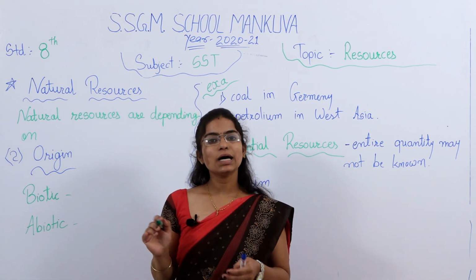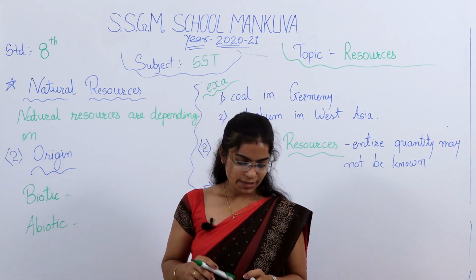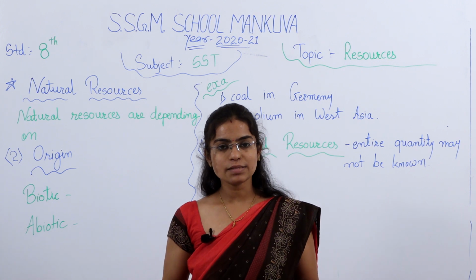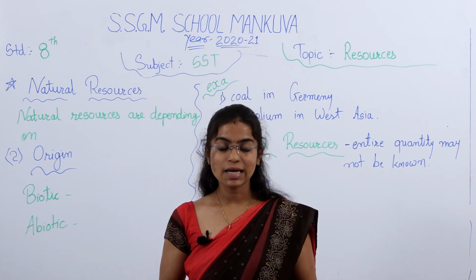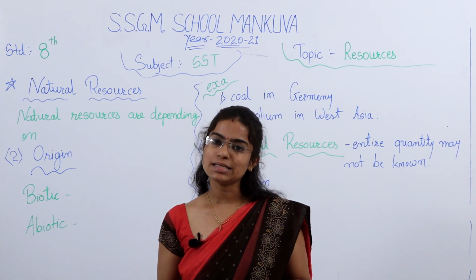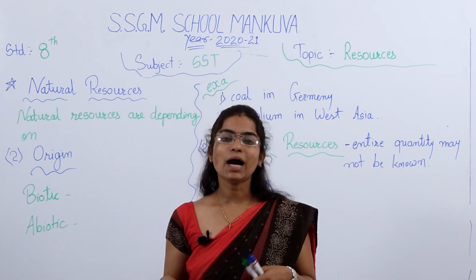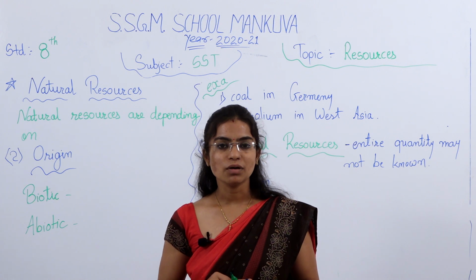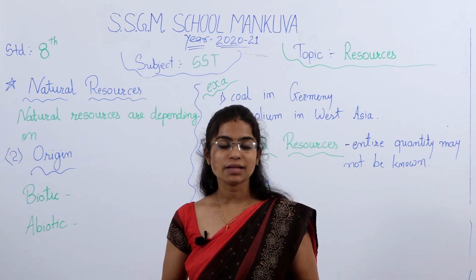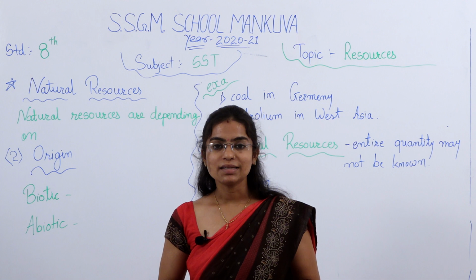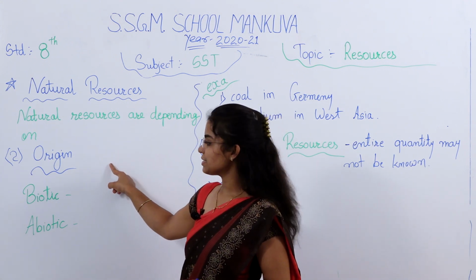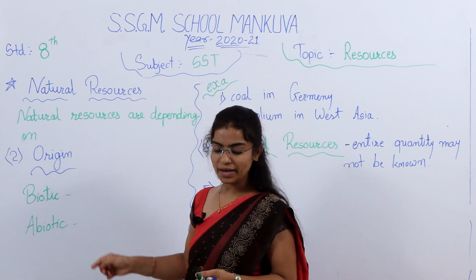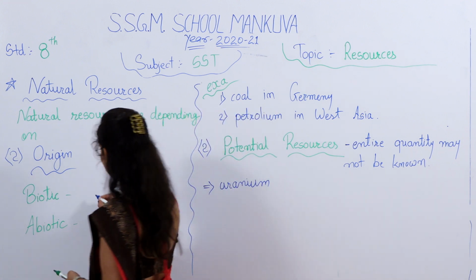Biotic and abiotic things. Biotic things means living things, okay, and abiotic things means non-living things. Then how can we use them? Okay, the usability, the value. The natural things depend on their origin, meaning the biotic and abiotic things.